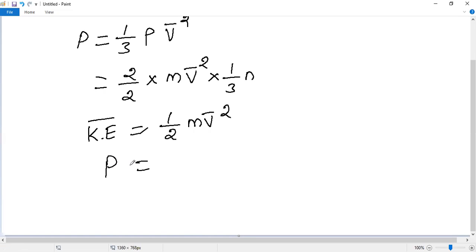Then pressure equals 2 by 3 n into kinetic energy bar. Kinetic energy bar means the average kinetic energy of a gas molecule.